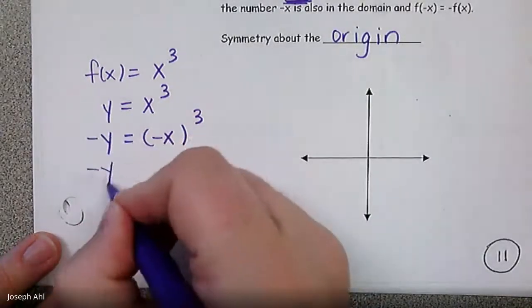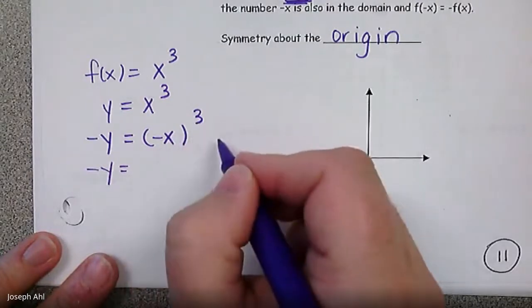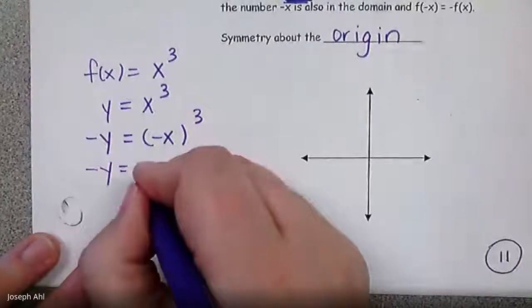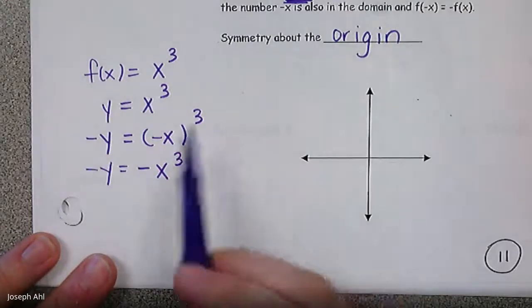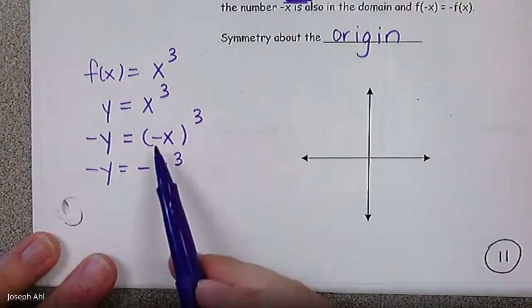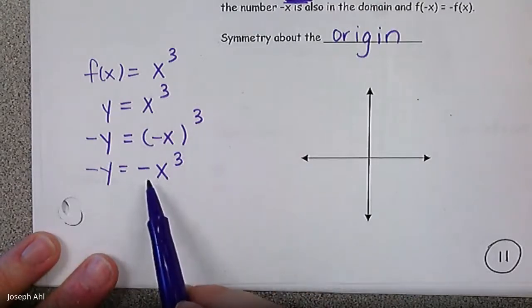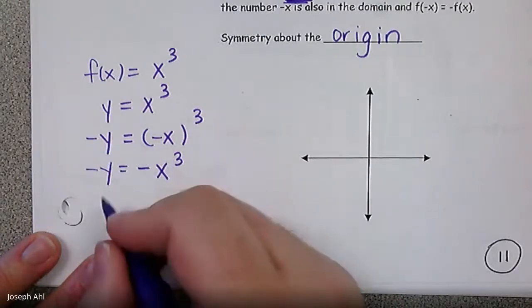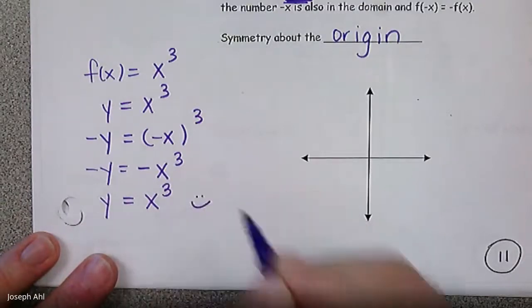And what happens algebraically is that negative x to the third power, a negative x times negative x times negative x, produces negative x cubed, right? X times x times x is definitely x cubed, but the coefficient out front is negative because a negative times itself an odd number of times is still negative. Well, in this scenario, if you divide the negative 1 out to get y alone, you get y equals x cubed again.